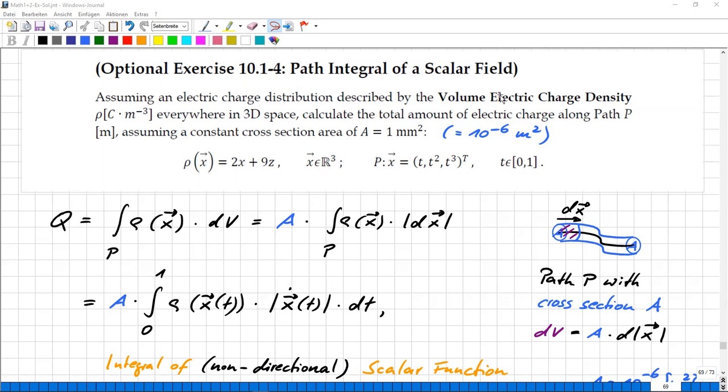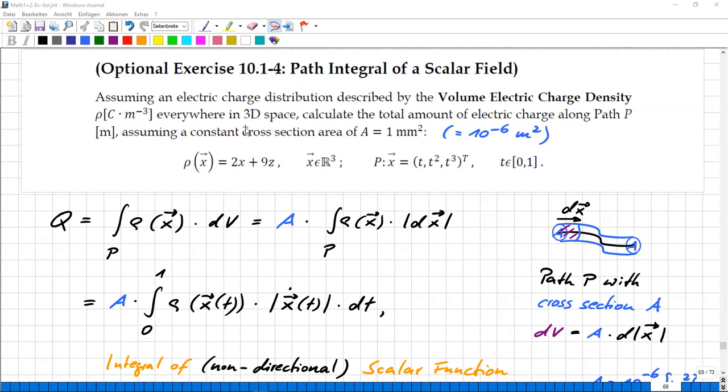And this is physically given by the standard symbol, the minuscule Greek letter rho. This is just the standard symbol for densities in physics, and the unit will be electrical charge, coulombs per cubic meter.